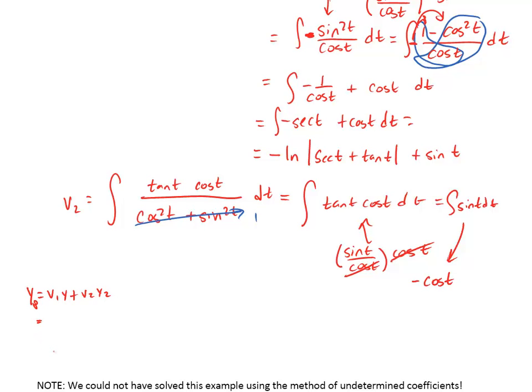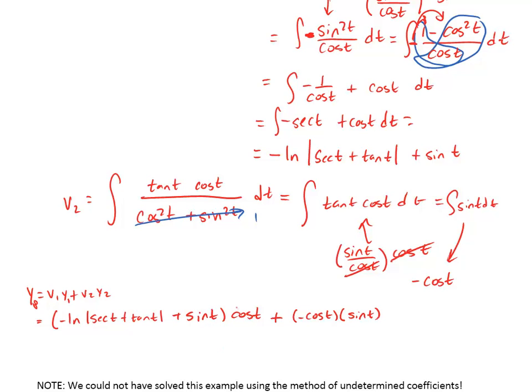So v1, we just got, is negative natural log of secant of t plus tangent of t, plus sine of t, times y1, which was cosine of t, plus v2, which is negative cosine of t, times y2, which was sine of t.